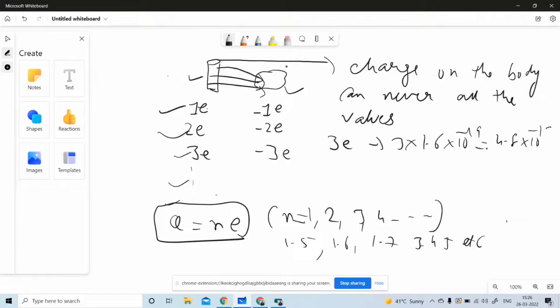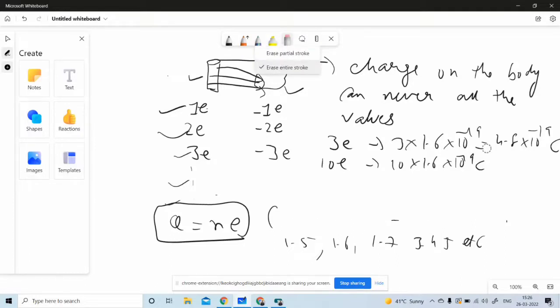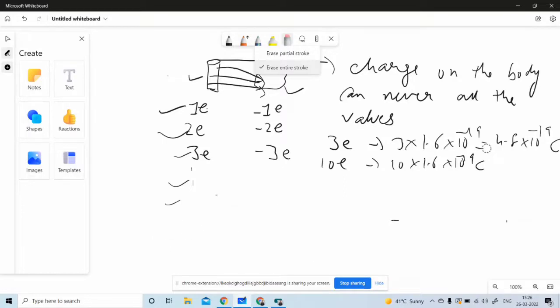If a glass rod is losing say 10 electrons, then it will have 10 into 1.6 into 10 raised to minus 19 coulomb. Clear? But it can never have a charge of, say, 3.3 into 10 raised to minus 19. Clear?